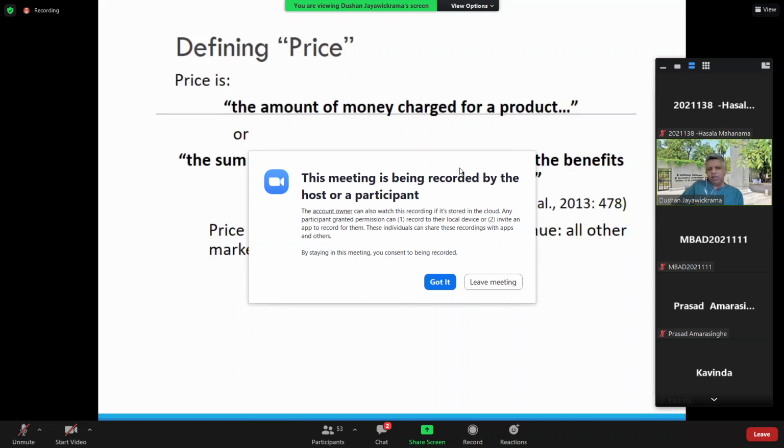Now, the most important part of this discussion, at least to me, is this: this is the only element that produces revenue for the organization. If you take product, it's a cost. If you take distribution, the placement strategy, it's a cost. If you take promotion or the communication, it's a cost. People strategy is a cost. Process is a cost. They are all costs.